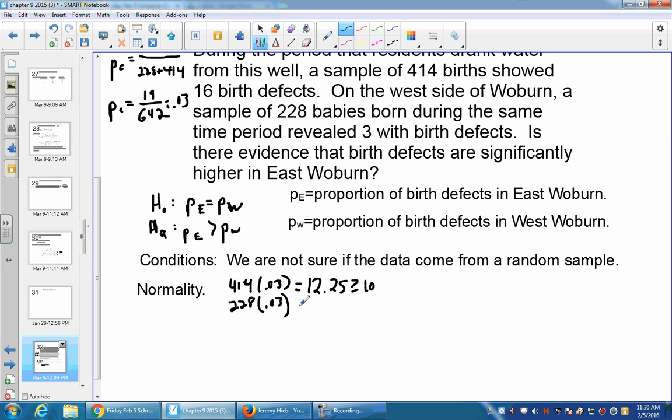It's only 6.612, which is not greater than 10. So normality is a little bit in question. Two sample tests are a little bit more robust than one sample tests, but for this particular case, we can say we proceed with caution.